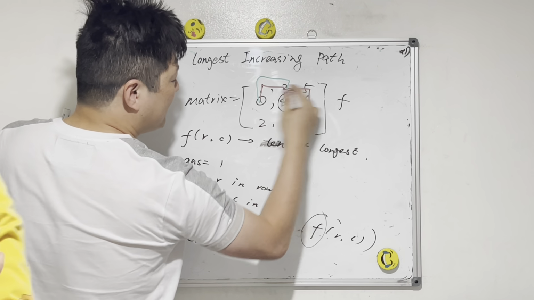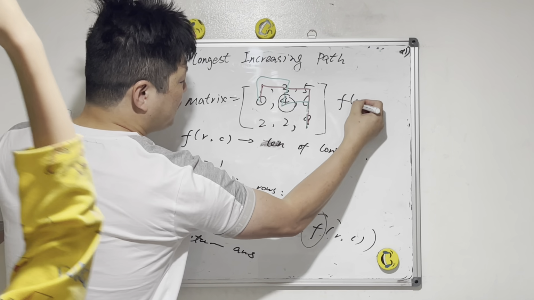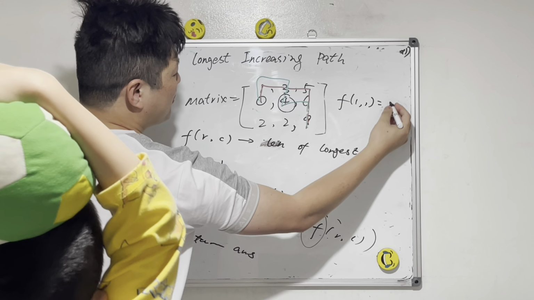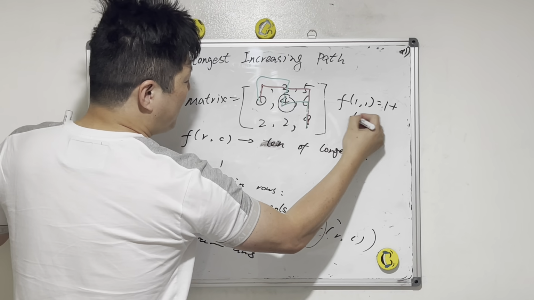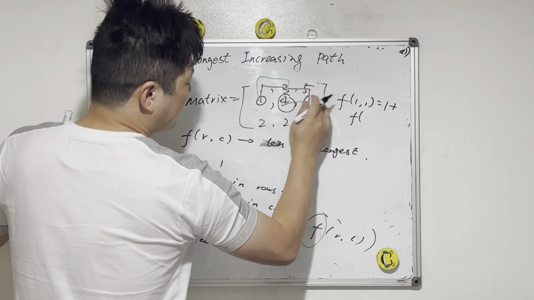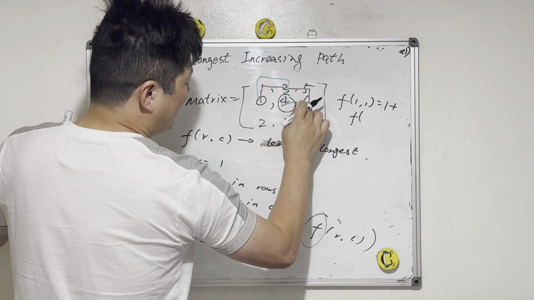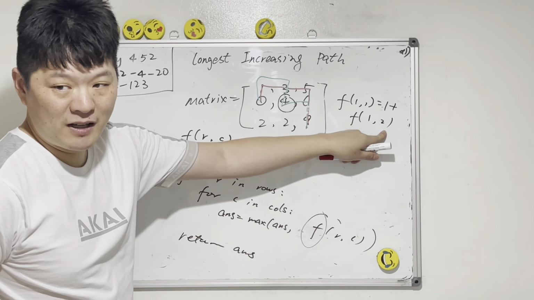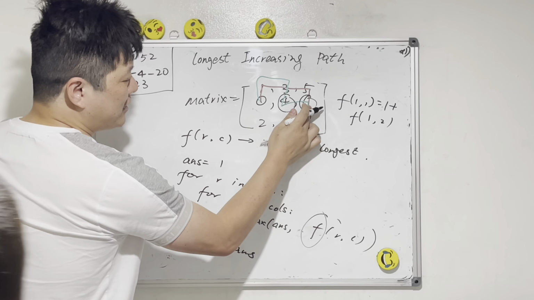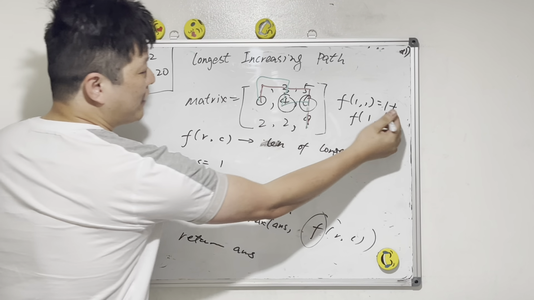So this is coordinate (1, 1). f(1, 1) would be equal to what? 1 plus f of the next coordinate, which would be (1, 2), right? Because if I start at this position, I can add 1 more pixel, and the max is 1 plus that.